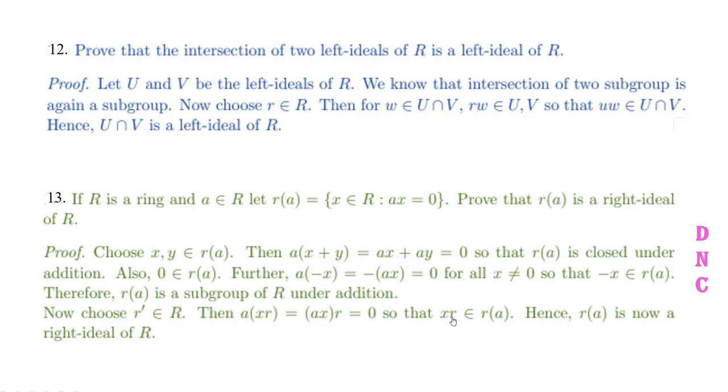This is not r prime, this is r in capital R. And when we want to show that xr is in r of a, a into xr should be 0. So for that we consider a into xr. This is rewritten as axr, and this in turn implies 0 into r, because ax is 0. So you have ax as 0 into r, that is 0. So that xr belongs to r of a. So that shows that r of a is a right ideal, but it is not a two-sided ideal.